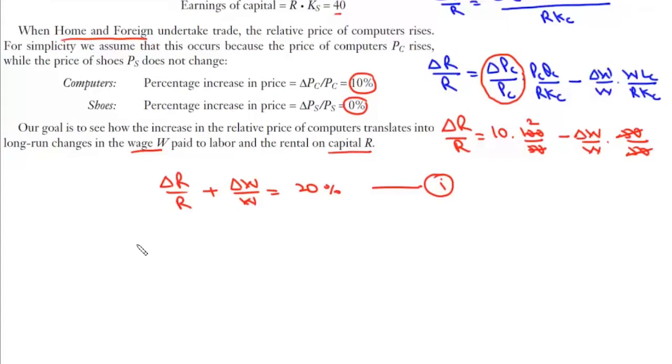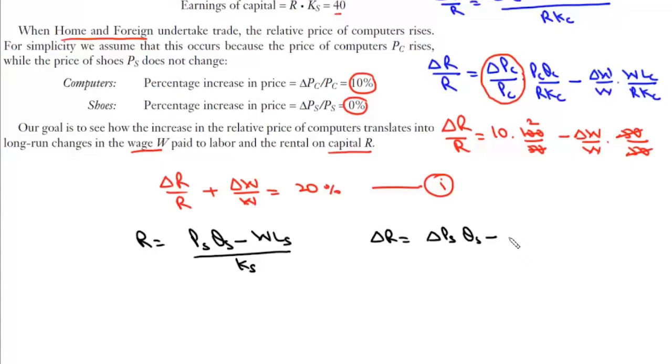And the same way we can write the rental for shoes. Now this R will be equal to PS into QS minus WLS upon KS. Again we'll find the change in rental, so delta R will be equal to delta PS into QS minus delta W into LS upon KS, and again we'll find the percentage change.